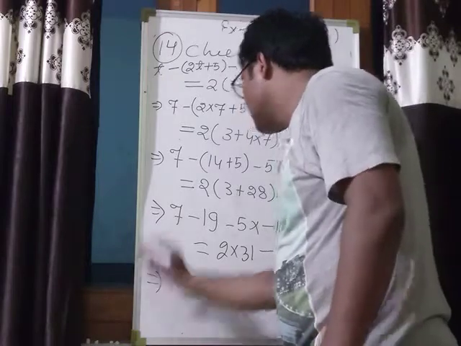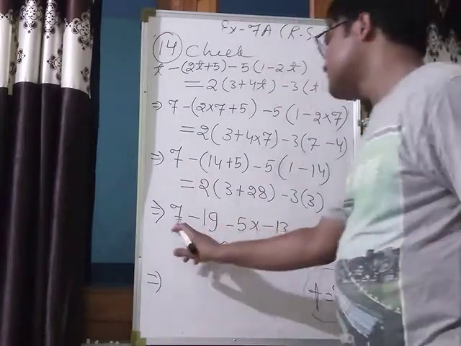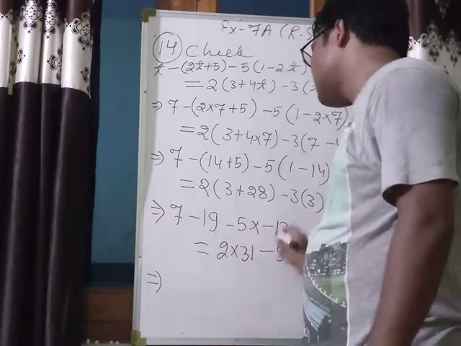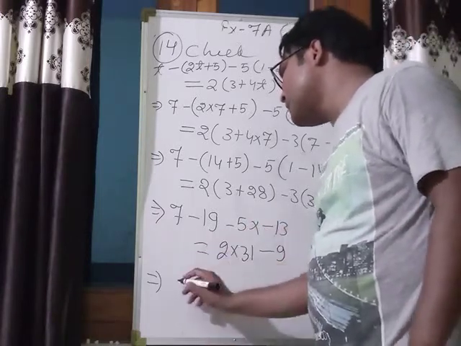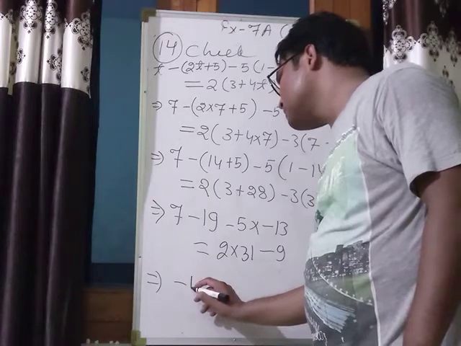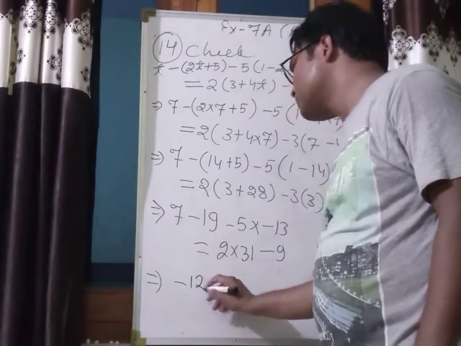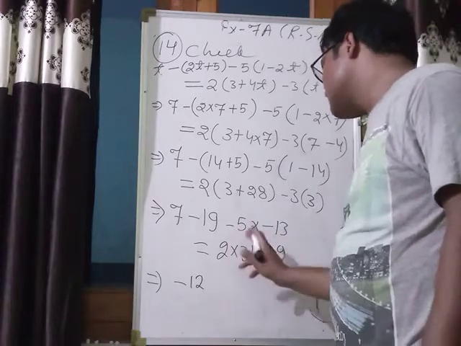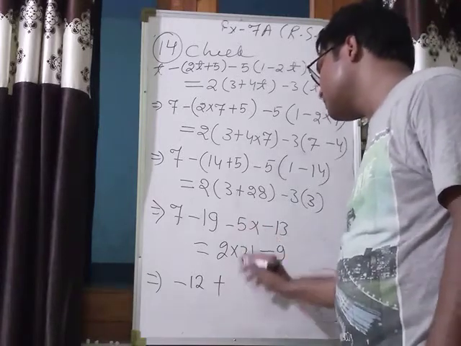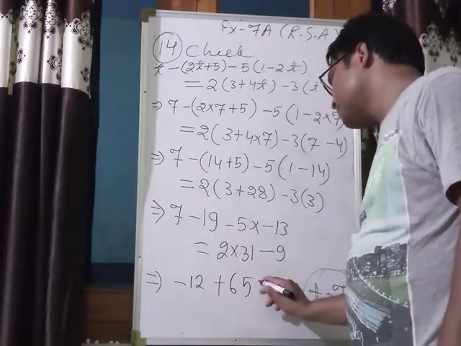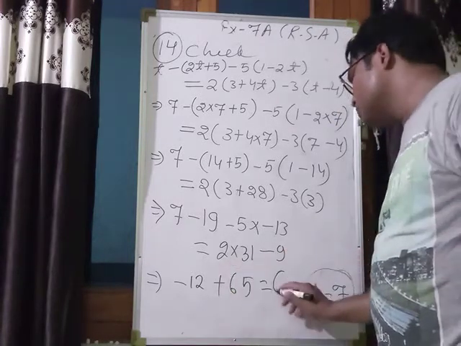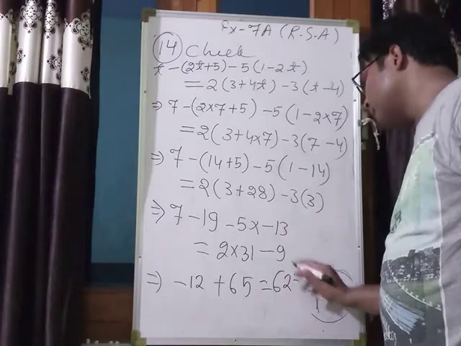So what will become, this is 7 minus 19 and this is minus 5 into, so 7 minus 19 is minus 12. Okay, minus 12 and minus into minus, this is plus 13 5s are 65, that is equal to 31 into 2, 62 and minus this is 9.